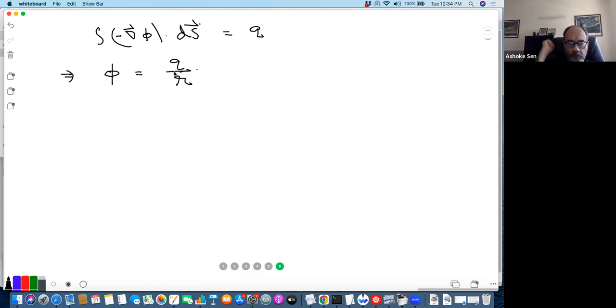Once you have found the solution, then we can fix the parameter by demanding that there is a source sitting at the origin. Are there questions? So our goal will be to find the spherically symmetric solution.